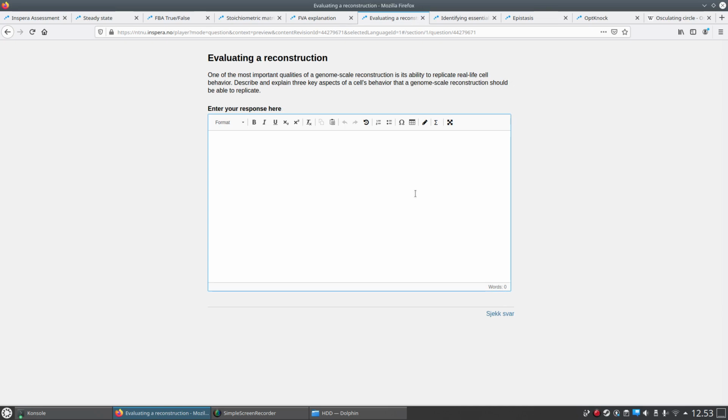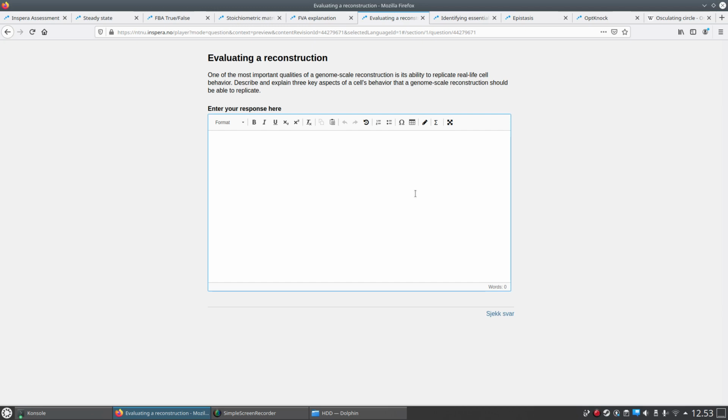Okay, next aspect, we're talking about the evaluation of reconstructions. When we're doing a genome scale reconstruction, we want to build a model that represents the cell in real life. Specifically, we want three aspects of cell behavior that a genome scale reconstruction should be able to replicate.